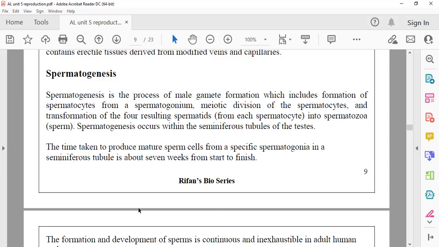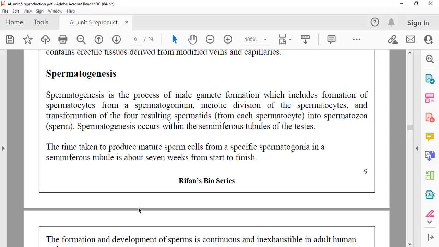One primary spermatocyte, if it completes meiosis 1, how many secondary spermatocytes are produced? One mother cell completing meiosis 1, how many daughter cells? Two.